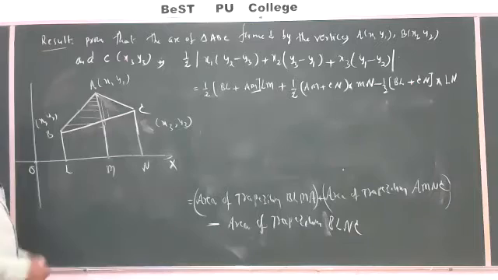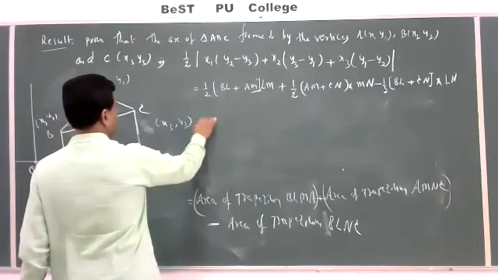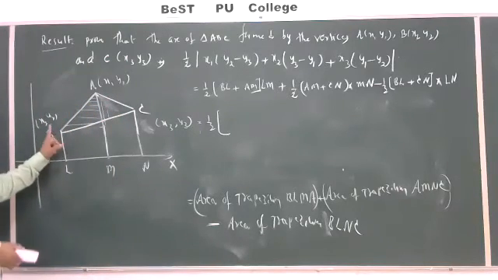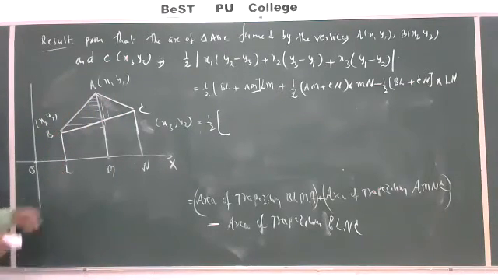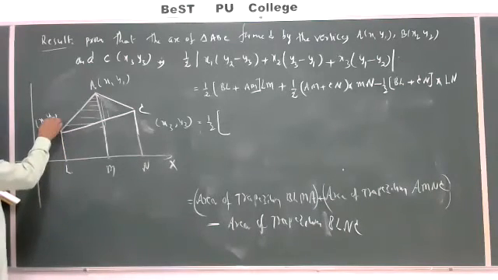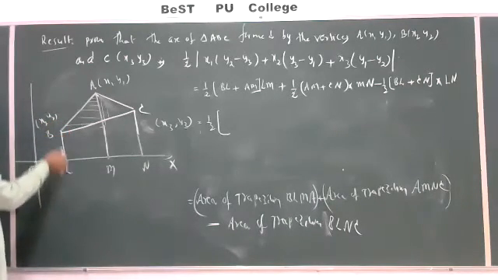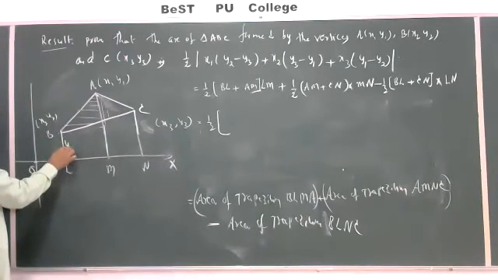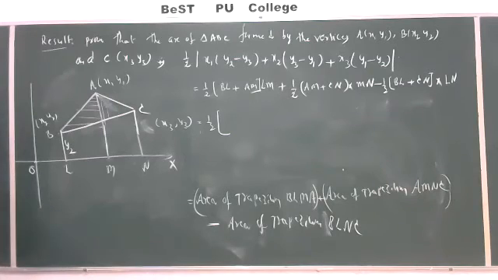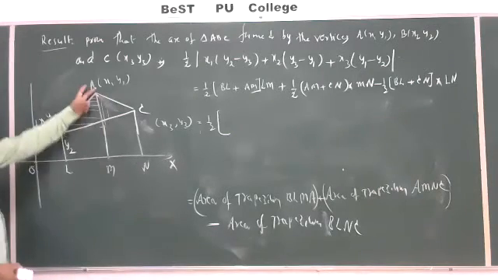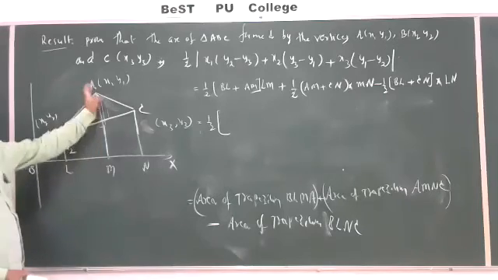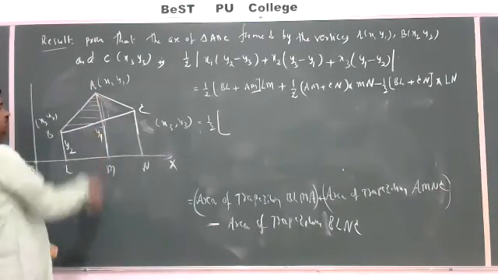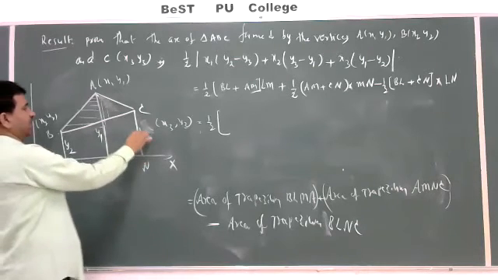Now we'll find them one by one. By using the point definition, BL is the perpendicular distance of the point from the x-axis, which is y2. AM is y1. CN is y3.